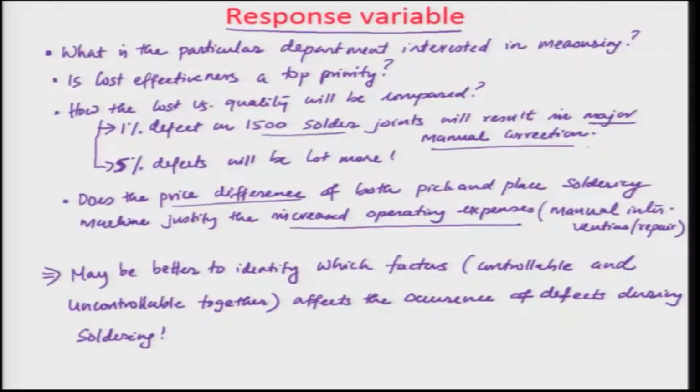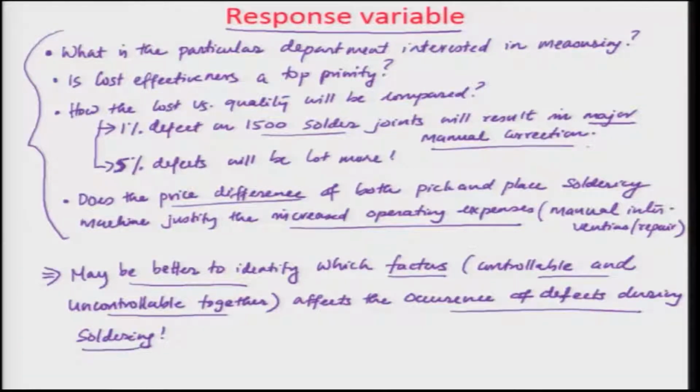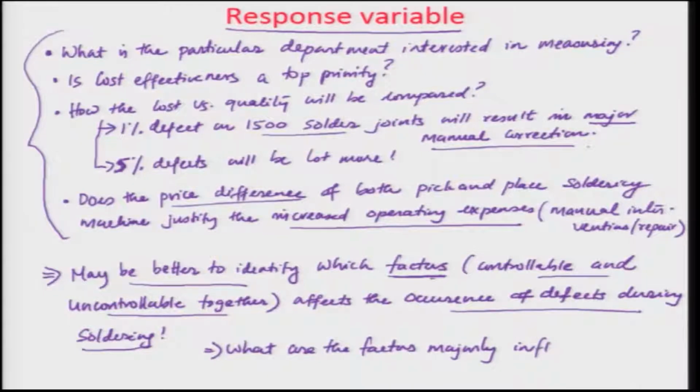So, what we are saying here is, maybe instead of looking into all these aspects, it may be better for us to identify which factors, both controllable and uncontrollable together, affect the occurrence of defects in soldering. What are the causes of that? What are the factors majorly influencing the soldering defects?